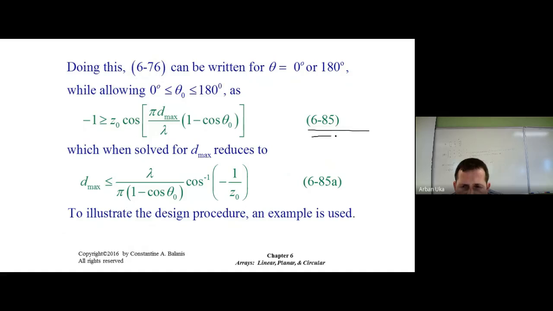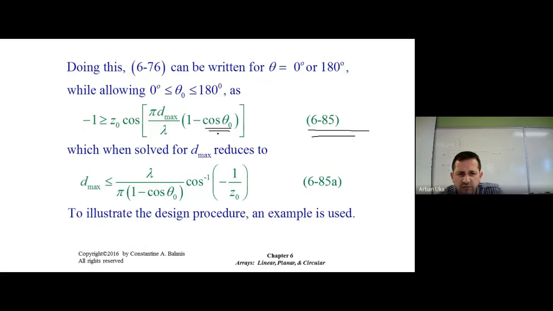We can use the expressions which are given here, and if we notice, these equations are pretty much similar to the expressions that we had until now, only that now here we have cosine theta 0. So far, we were dealing with broadside antennas, with theta 0 equal to 90, and cosine 90 is equal to 0.